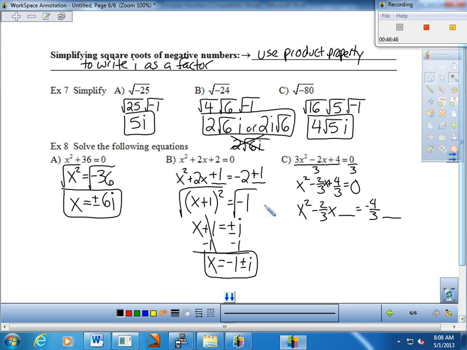Well, half of that, I'm just going to work off to the side. Half of negative 2/3 is really negative 2/6, sort of half, just another 2 down on the denominator there. Negative 2/6 is really negative 1/3, and when you square negative 1/3, I'm thinking you get 1/9. And so I get 1/9 and 1/9 right there.